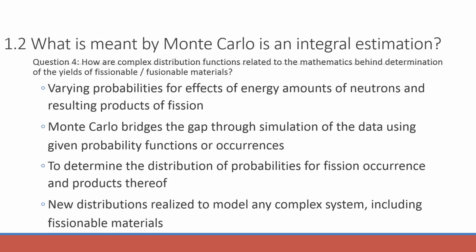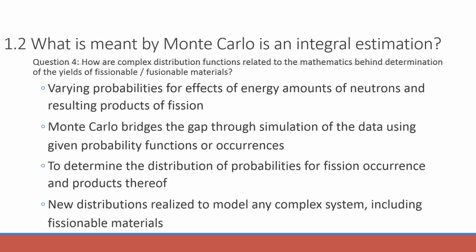So Monte Carlo bridges this gap through simulation, using the given probability functions or likelihoods that an atom will separate into two particular elements based off of a neutron hitting its nucleus. So we find out that the mathematics behind complex distribution functions is not able to be solved using analytical methods, but numerically simulated methods.